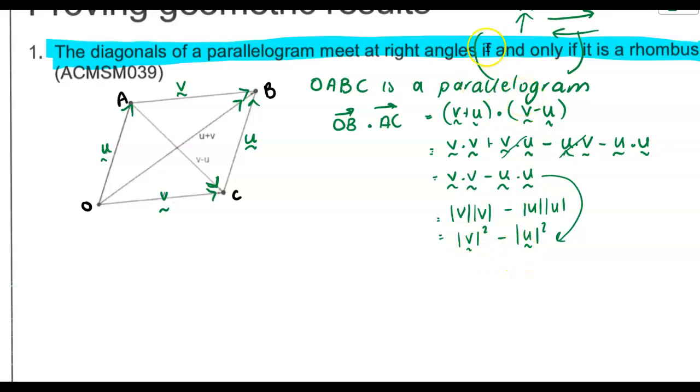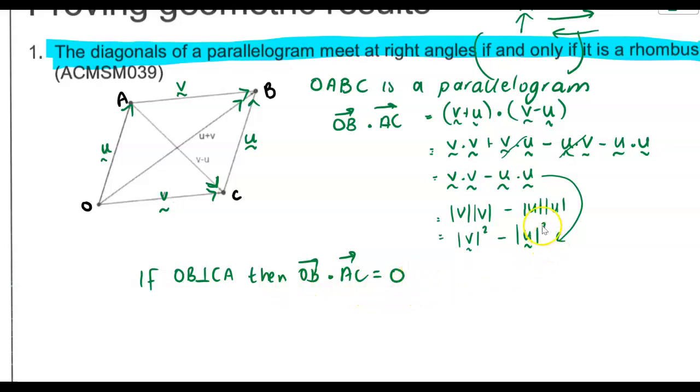So we need to go both ways in our proof. If vector OB is perpendicular to vector CA, then the dot product is 0. Okay, so if they're perpendicular, the dot product is 0.